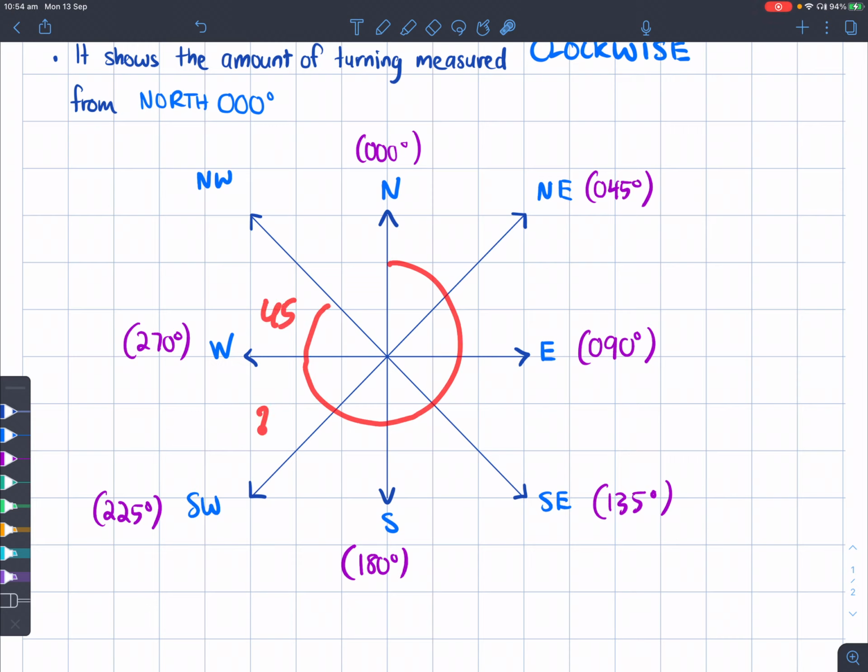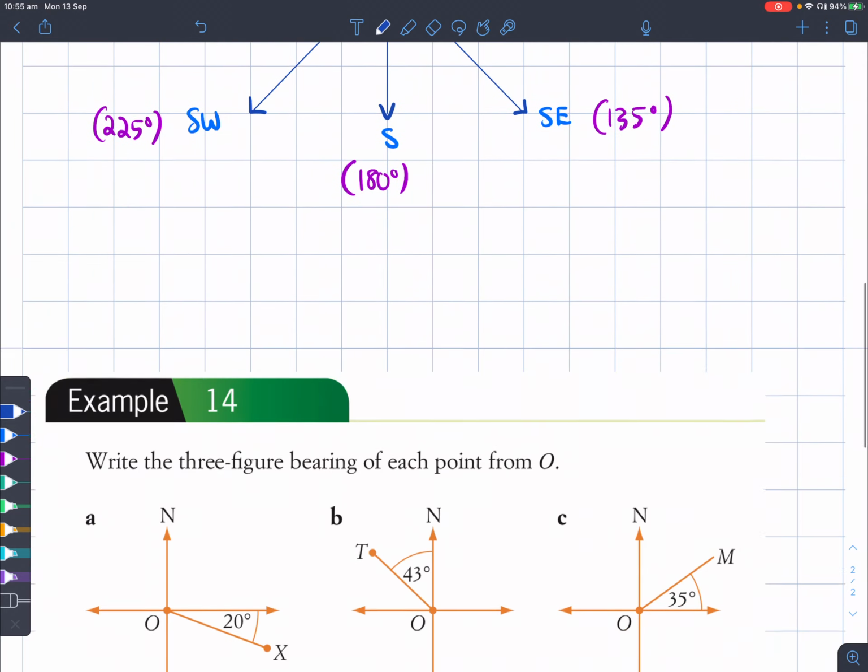So 270 plus 45 gives you 315 degrees. Those are just the basics of true bearings. You can have angles in between any of them, like this angle, which might be 20 degrees or something like that. We're now going to use all this knowledge to do a question to find the three-figure bearing. Let's have a look at that now.